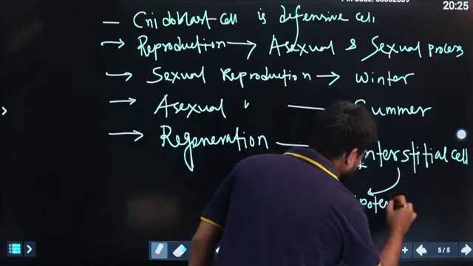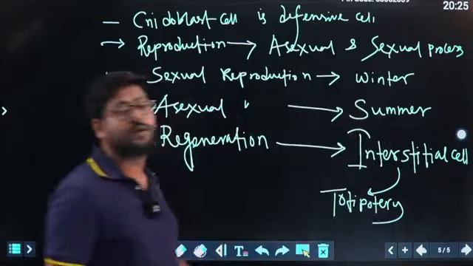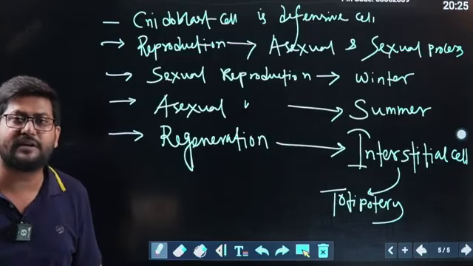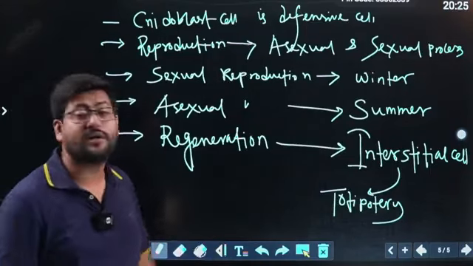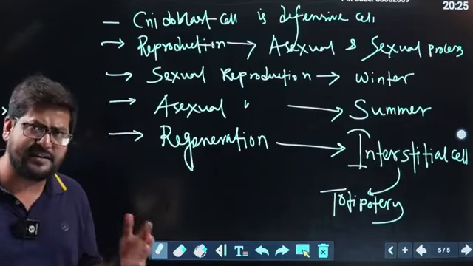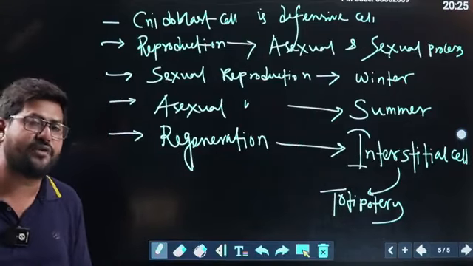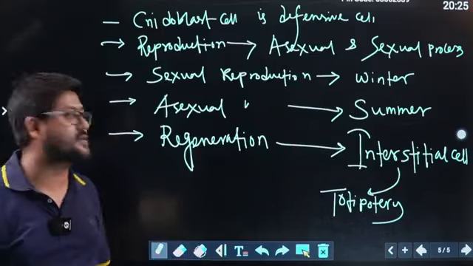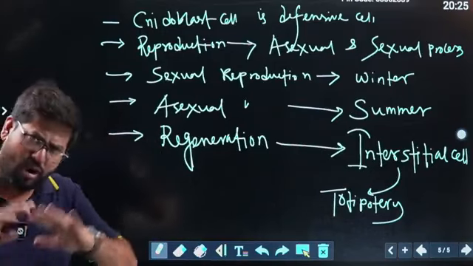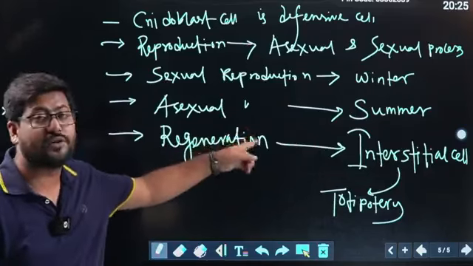So you have to know this for the admission test. Which cell is totipotent in nature? That is the interstitial cell. Which cell can convert into any cell required for the hydra? That is also the interstitial cell. When regeneration is taking place, it does not depend on the season.